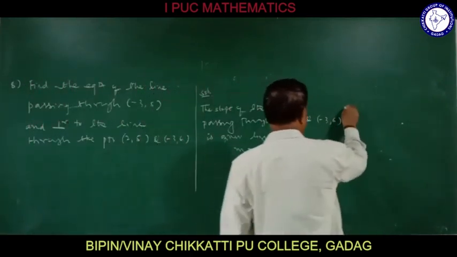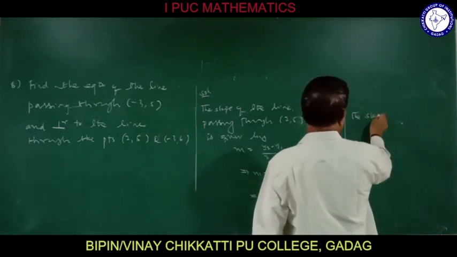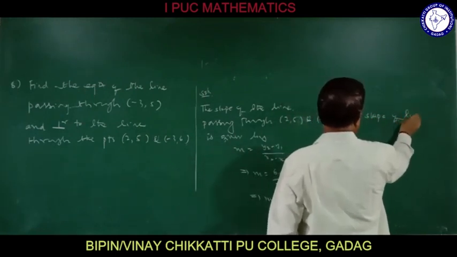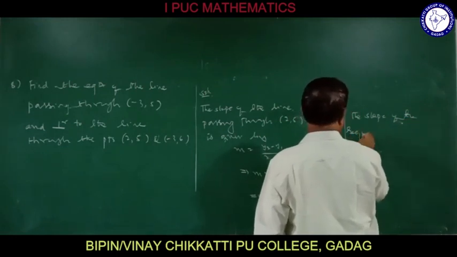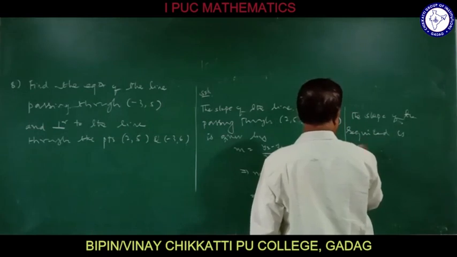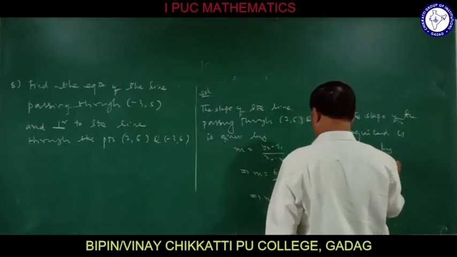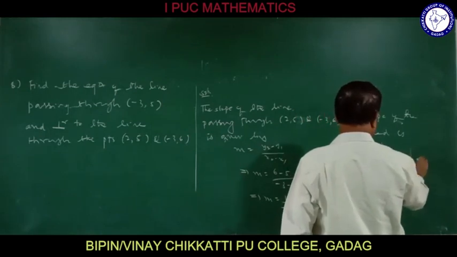The slope of the required line is given by m2 = 5. Why?